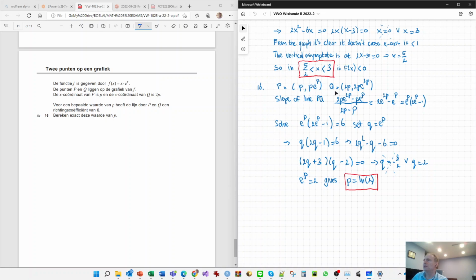If p is 0, then these points are the same, both the origin.